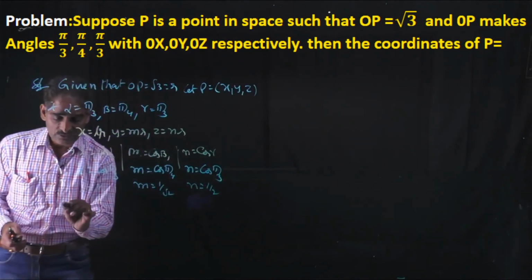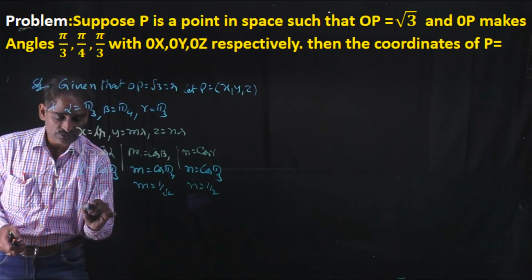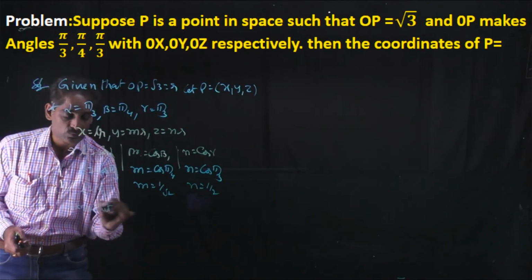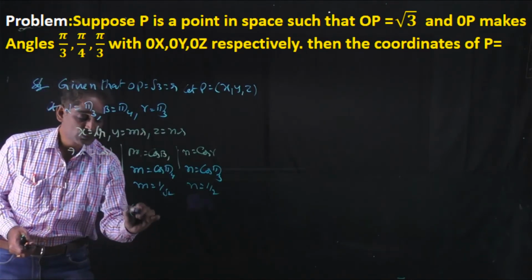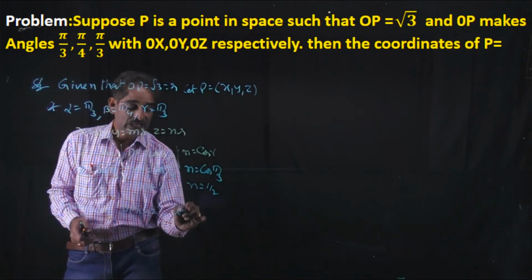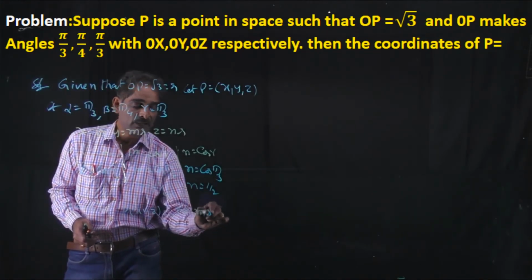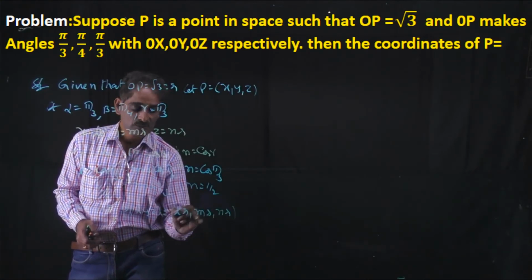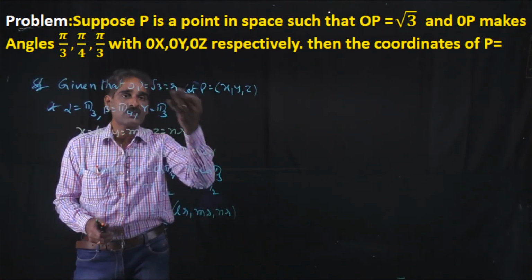We know that coordinates of the point P, x, y, z, is equal to lr, mr, nr. We know the l, m, n values and the r value.